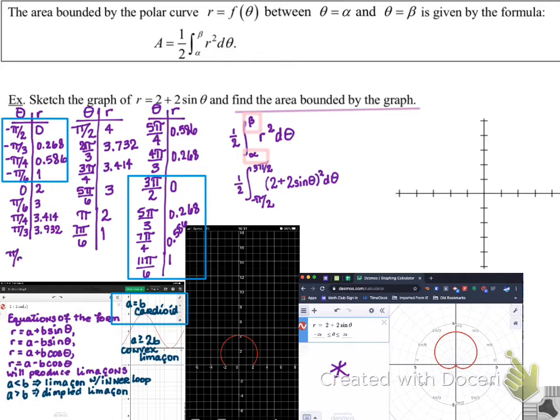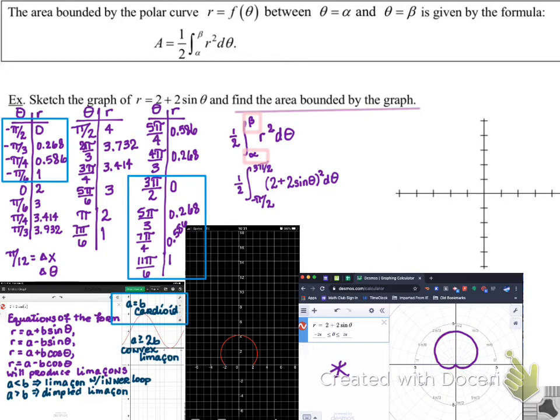So in your table, that would be your delta x or your delta theta, depending on how your calculator is set up. With that information, I can use the information on Desmos, and I know that this is 0 degrees down here, going all the way up to pi over 2, and all the way back down to 2 pi.